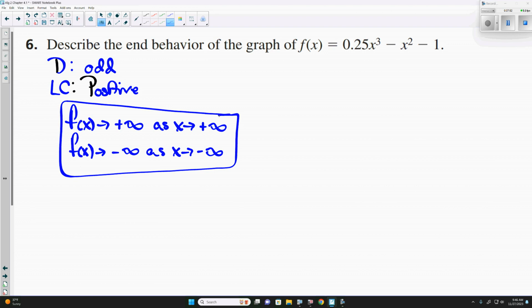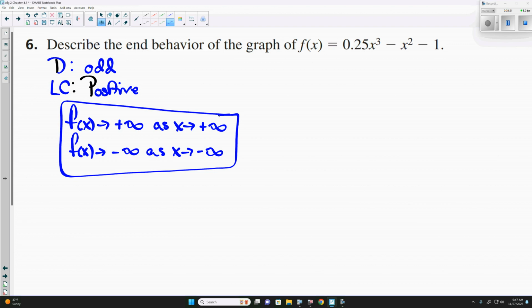And that's it. And the biggest takeaway from this here is more getting an understanding of how the functions should behave, how they should look, how they should work. So when we start graphing them and looking at the graphs, we will know what they should do. Because if on the graph it shows that the two ends of the picture that we have are both going up, and we know it's odd, well, they should be going in opposite directions, so we know one side or the other should eventually go down.